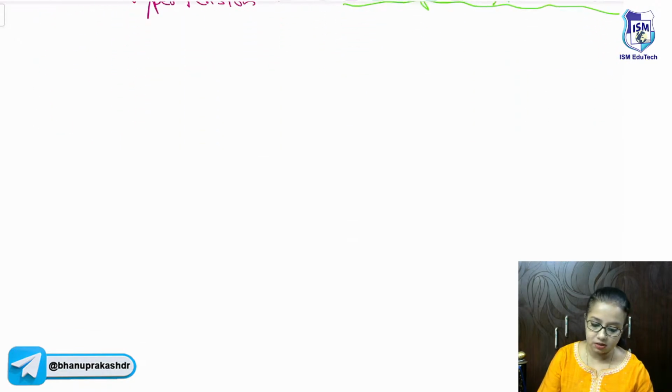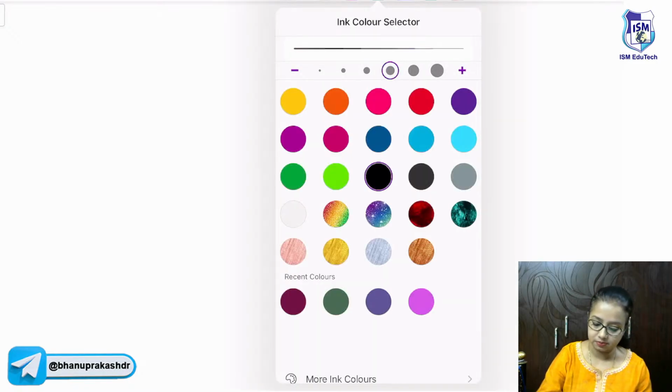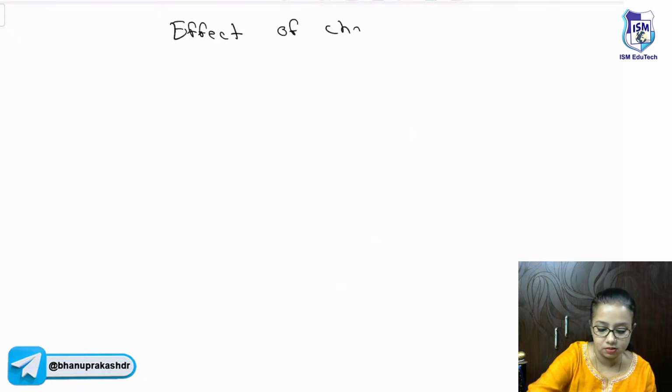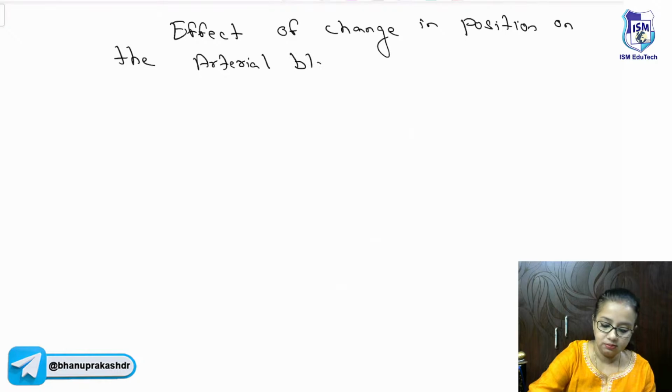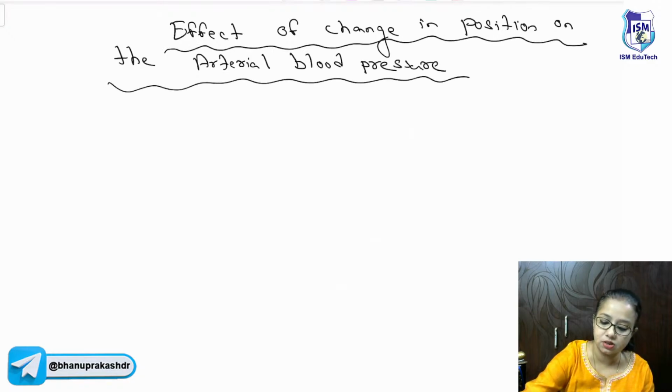Now, coming to the last part of today's session, the effect of change in position on the arterial blood pressure. Now, what is a change of position in the arterial blood pressure?